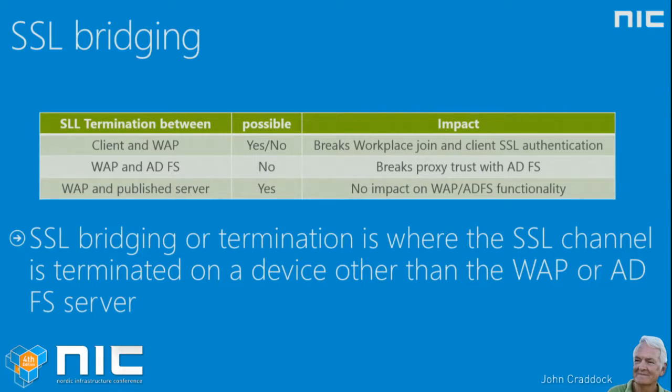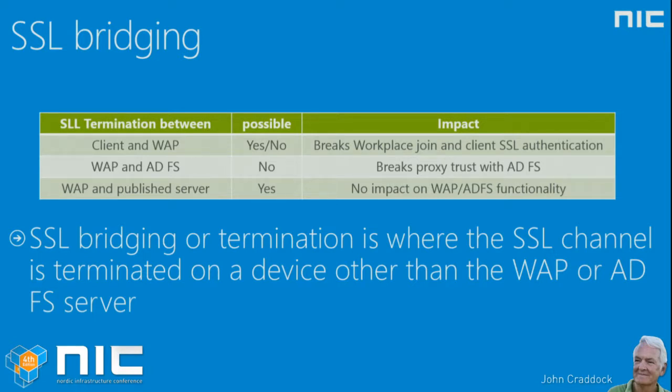I'm always asked about SSL bridging. So, SSL termination between the client and the WAP: is that possible? It will break workplace join, so the answer is sort of yes and sort of no. We've got the Web Application Proxy and the client out here, and in some network device we're doing SSL termination and then bridging, reconnecting SSL to the other side.